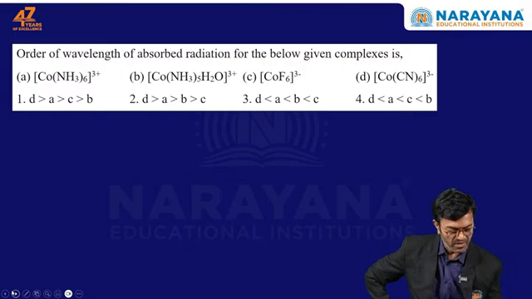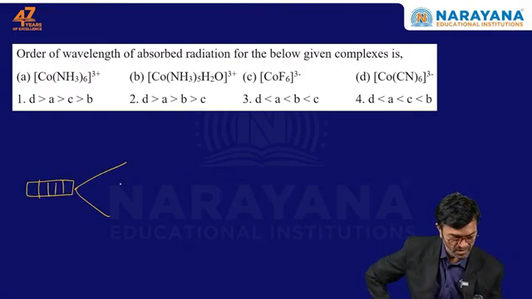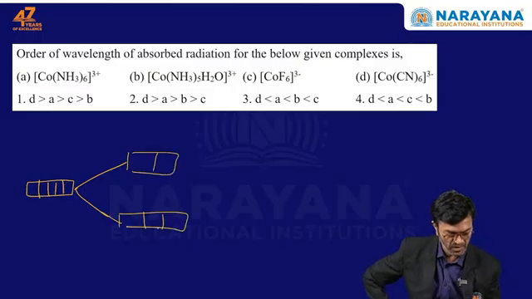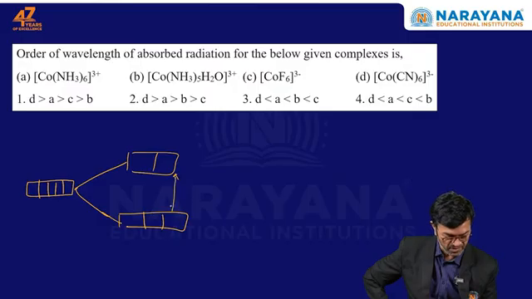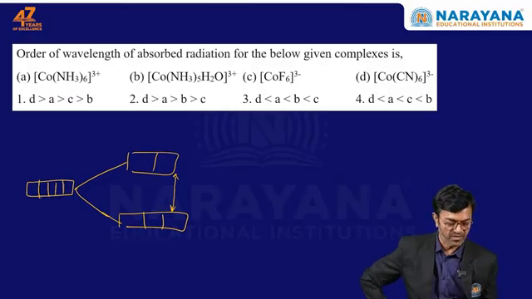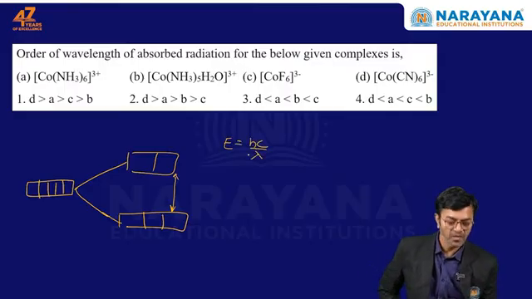In the presence of ligands, the degeneracy of d orbitals is lost and they split into two levels. This energy gap between them depends on the wavelength of the light. So that energy is equal to hc by lambda.